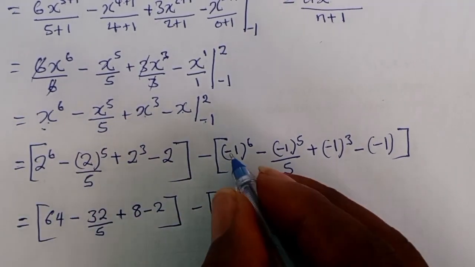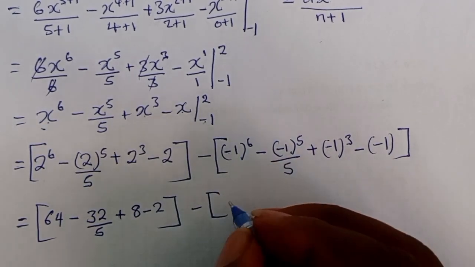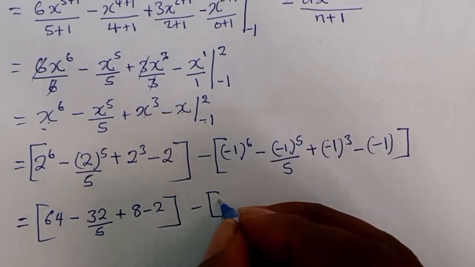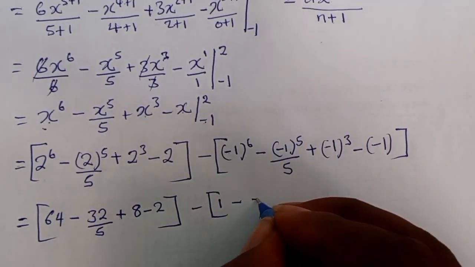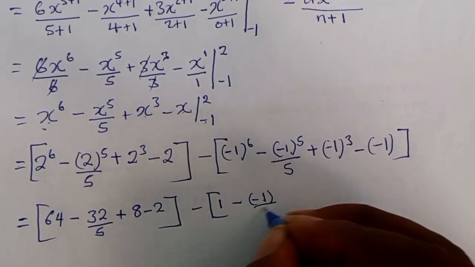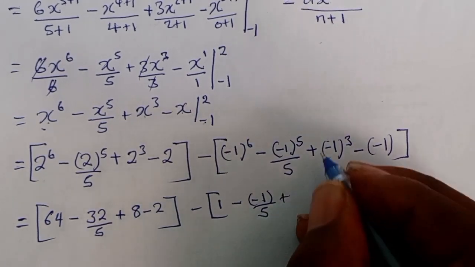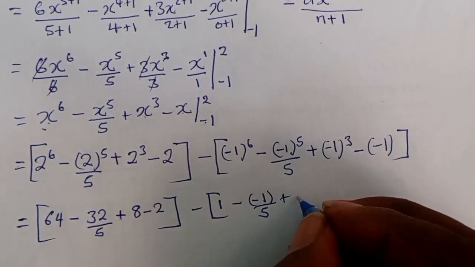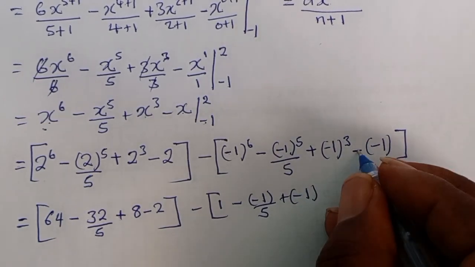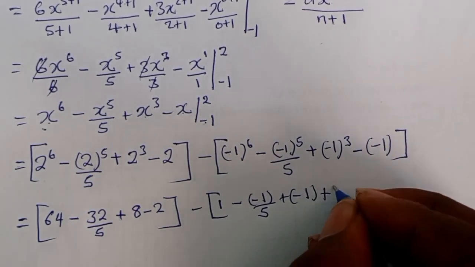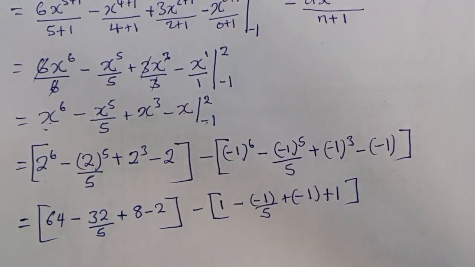Minus negative 1 to the power 6 is positive 1. Negative 1 to the power 5 is negative 1, plus negative 1 to the power 3 is negative 1. So negative times negative is a positive.